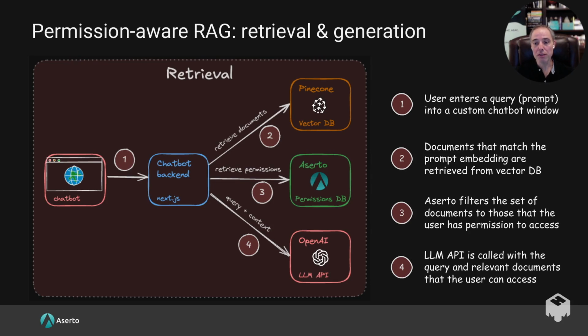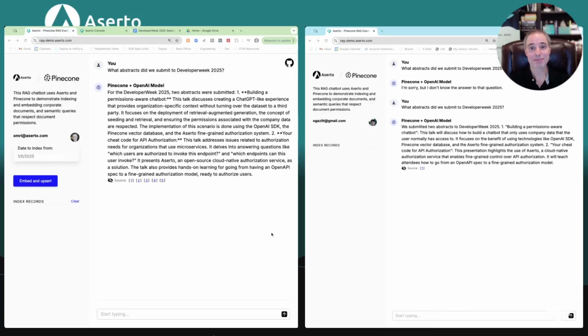Then it will retrieve the permissions of all those documents and filter the candidate set of documents it will use to enhance the prompt down to only the documents that a user has access to. And finally, it will add these documents to the context window along with the original user's query.